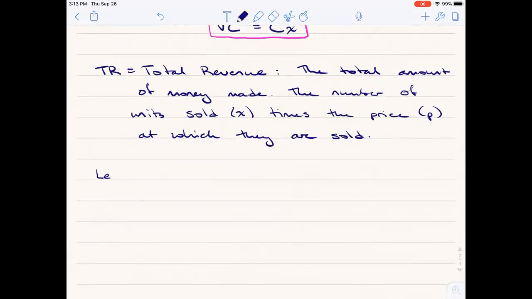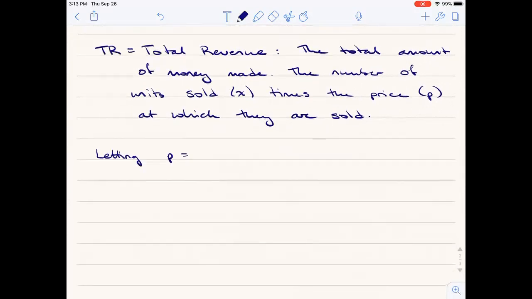So I'll emphasize that new variable there, letting lowercase p be the selling price of each unit.